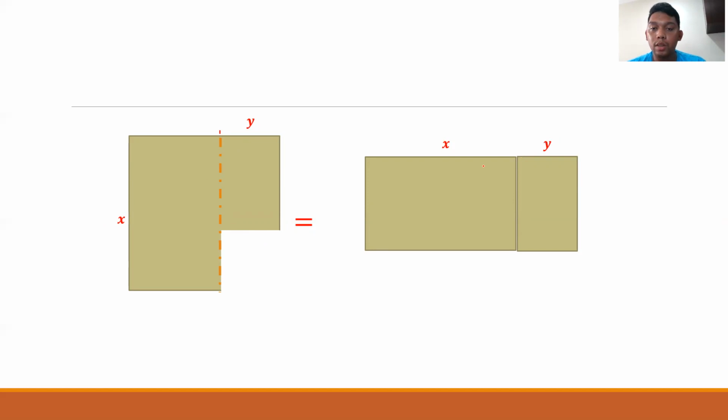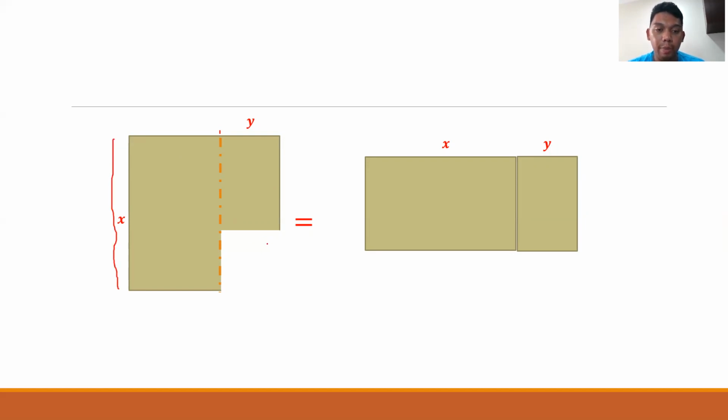Okay. So take note of this one here. How do you get the measurement on this side? If you're going to get the measurement of that, this is x. The whole thing here is x.